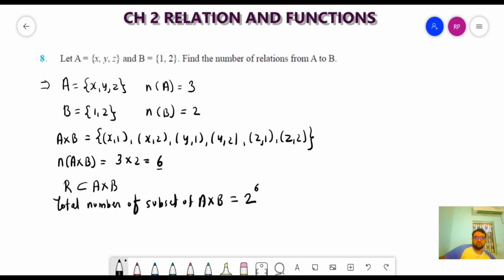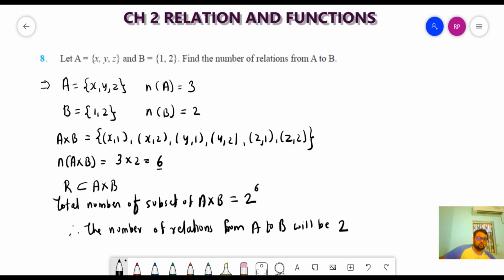Clear? Therefore, the number of relations from A to B will be 2 raised to 6. Clear? So this is the answer. It will be 2 raised to 6. Okay. So note down question number 8.